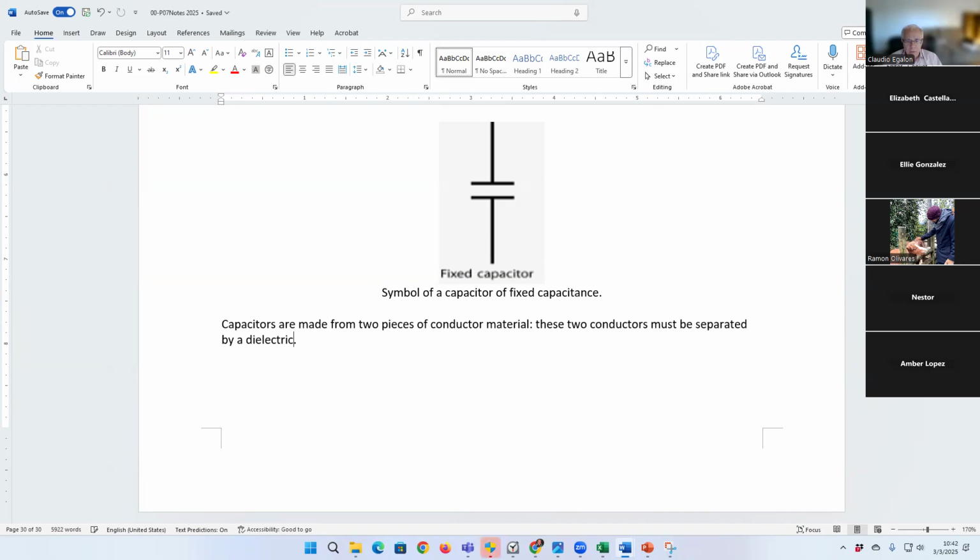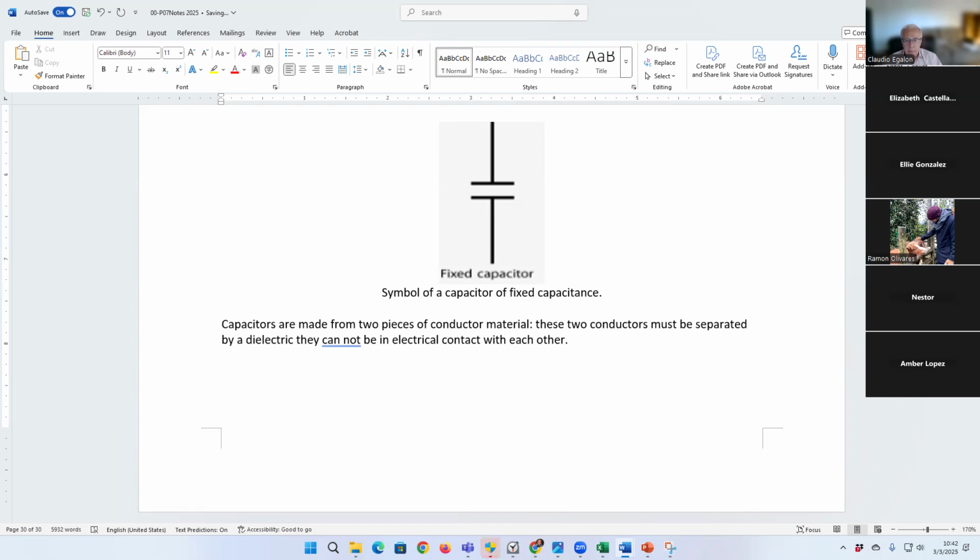Okay? To be considered a capacitor, those two pieces of conductors must be separated by a dielectric. They cannot be in electrical contact with each other, okay?